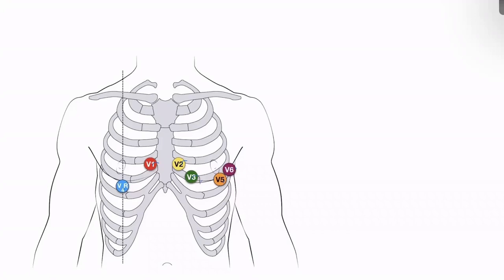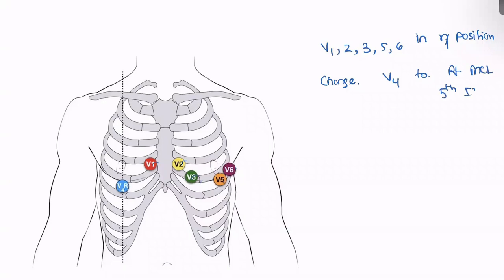That is the fifth intercostal space, right mid-clavicular line. It is the V4R.